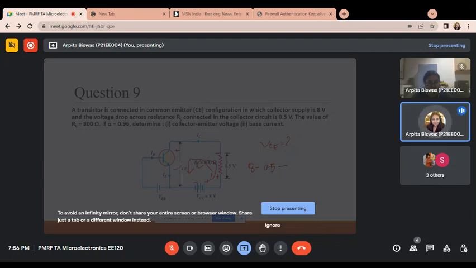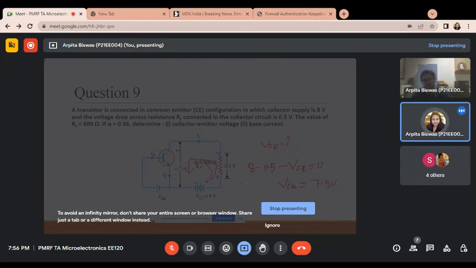You can assume anything: if you are going from minus to plus you take positive, then plus to minus gives the opposite sign. So 8 minus 0.5 minus VCE equal to 0. So what is the value of VCE? 7.5, madam. Yes, the value of VCE is 7.5.